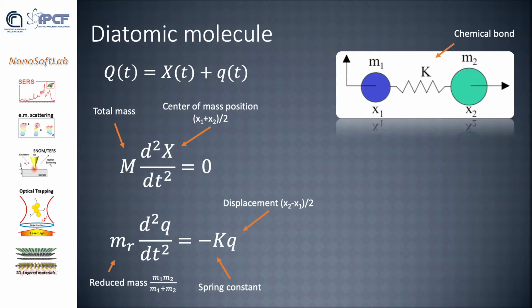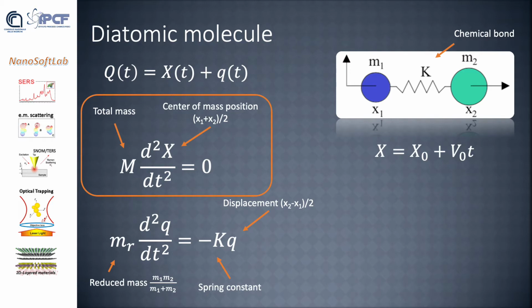The easiest case we can study is that of a diatomic molecule. Let us consider a system in which we have two masses at positions x1 and x2 that are linked by a chemical bond that is modeled as a spring with spring constant K. As we know, the movement of this system can be separated between a movement of the center of mass plus a movement relative to the center of mass.